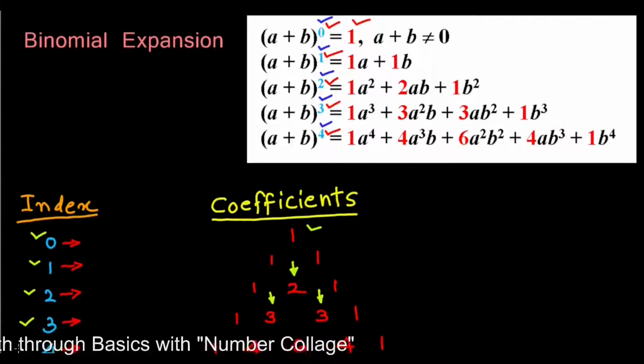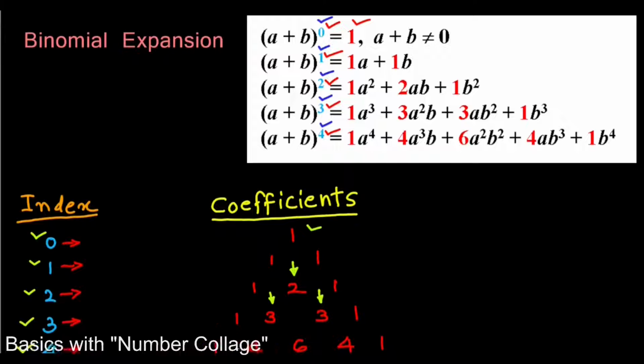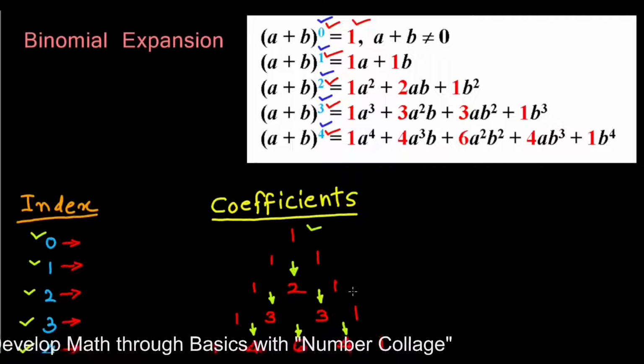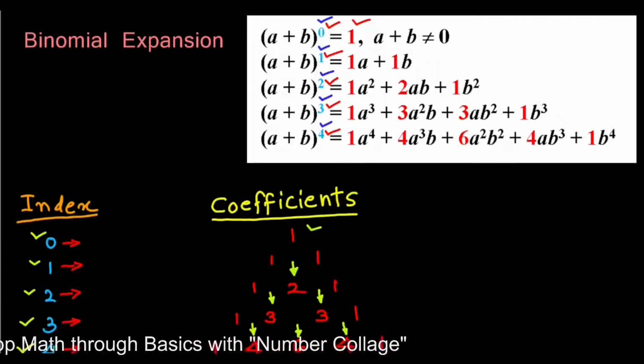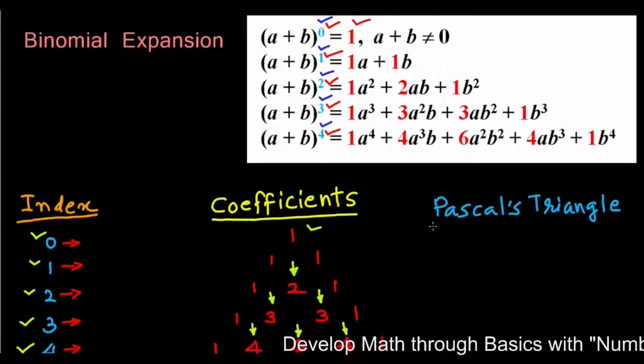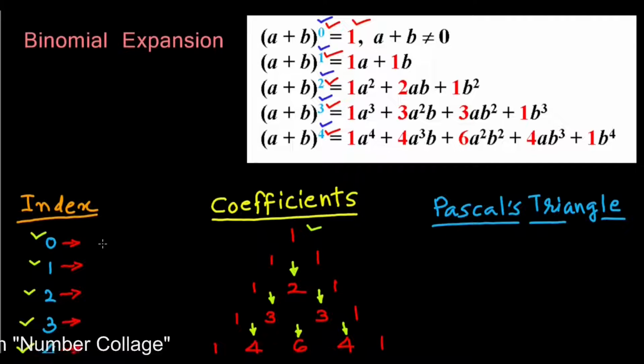When the index of the binomial is 4, the coefficients will be 1, 4, 6, 4, and 1, and 1 plus this 3 gives us this 4, then 3 plus 3 gives us this 6, 3 plus 1 gives us this 4. We can perhaps remember this triangle, which incidentally is called Pascal's triangle after Blaise Pascal, for small integral powers up to say 4 or 5.